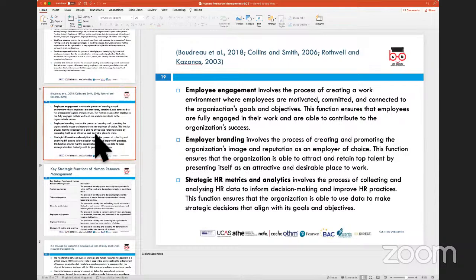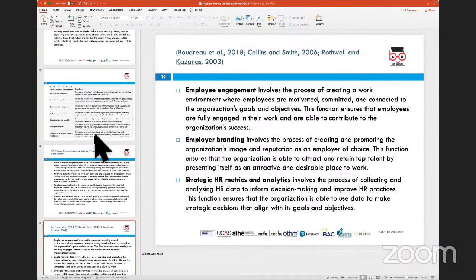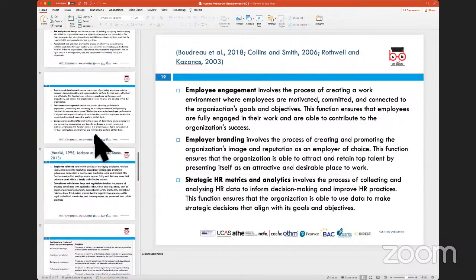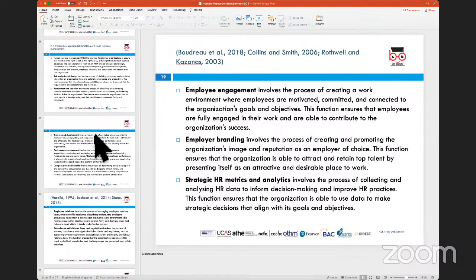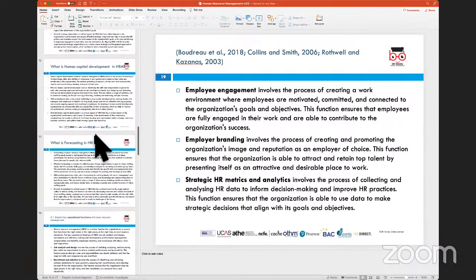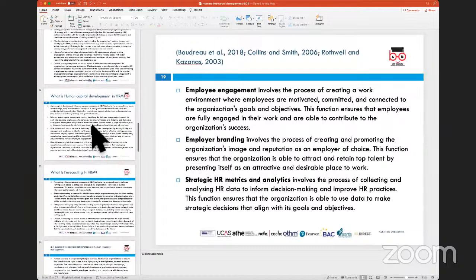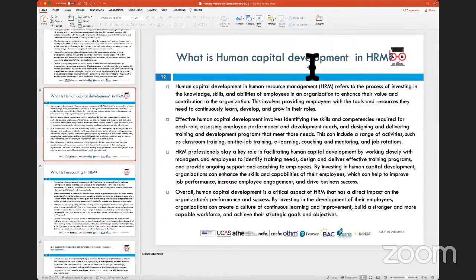When I say forecasting, will it fall into strategic or operational? Any ideas? Forecasting. Yeah, it will fall into strategic. Strategic, that's good. We look at human capital development, it'll be a strategic function.